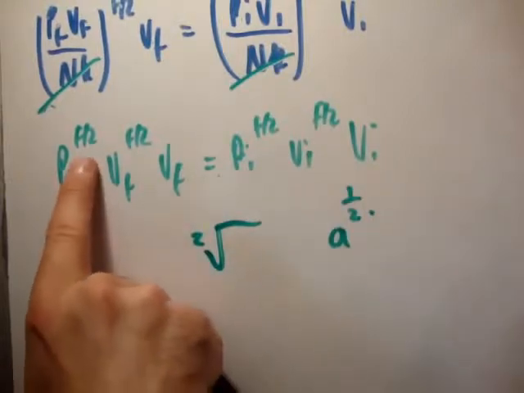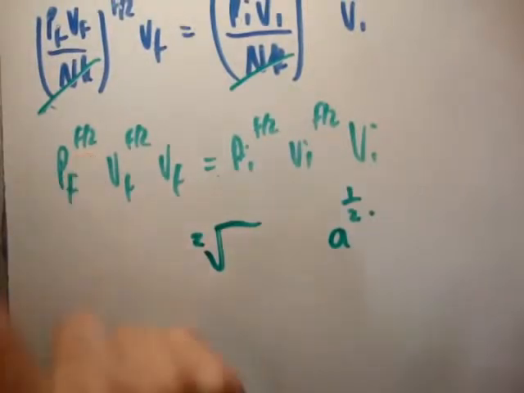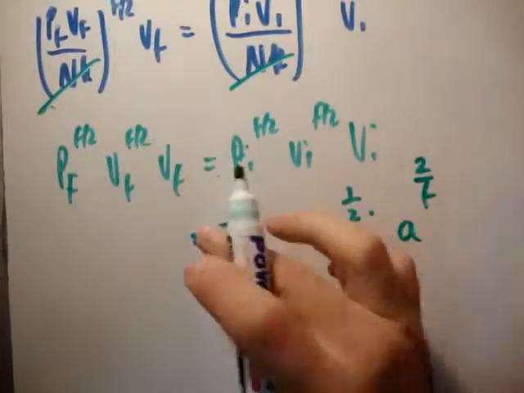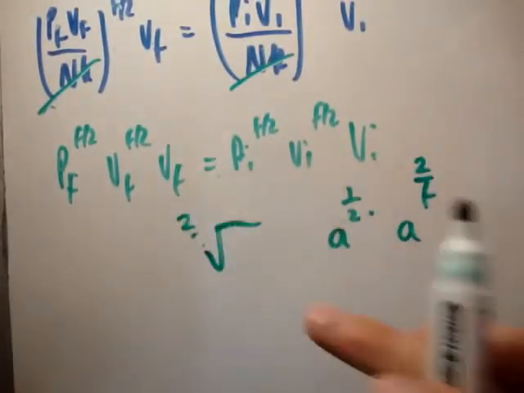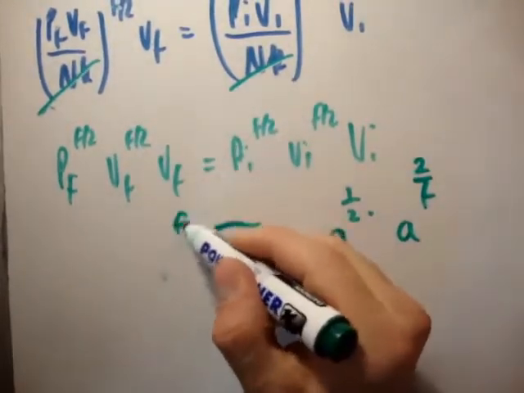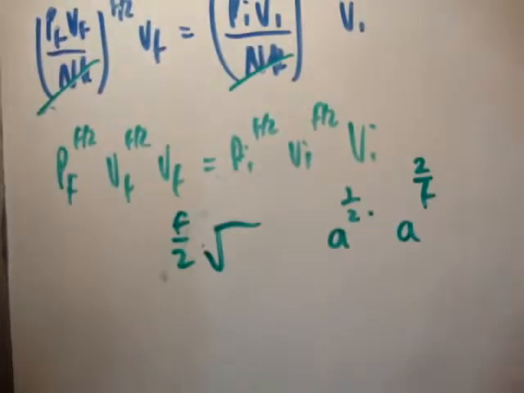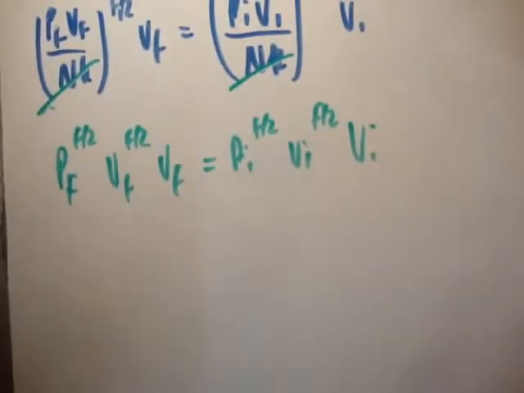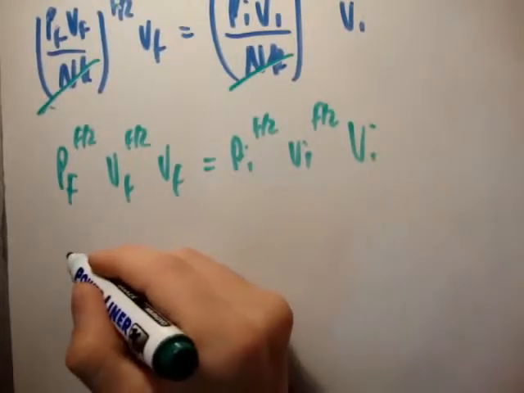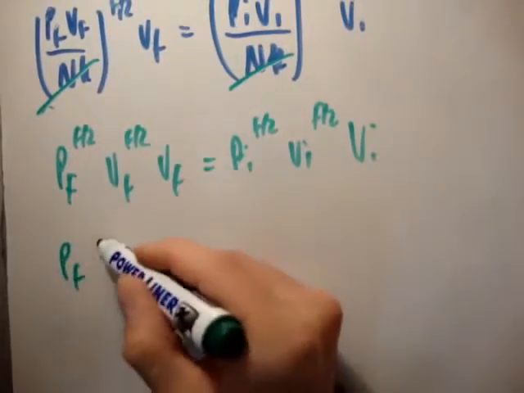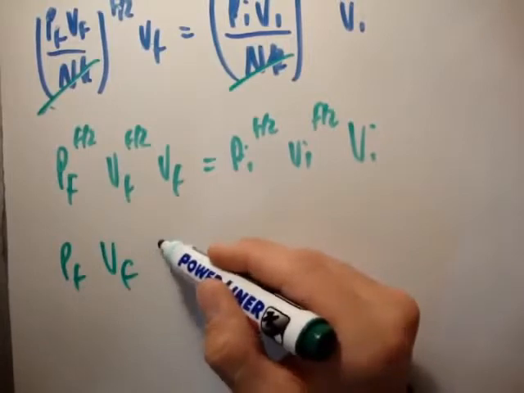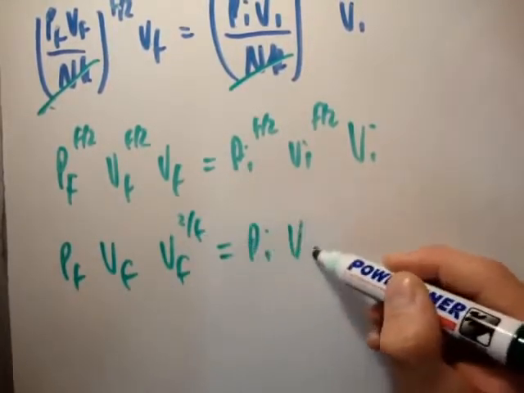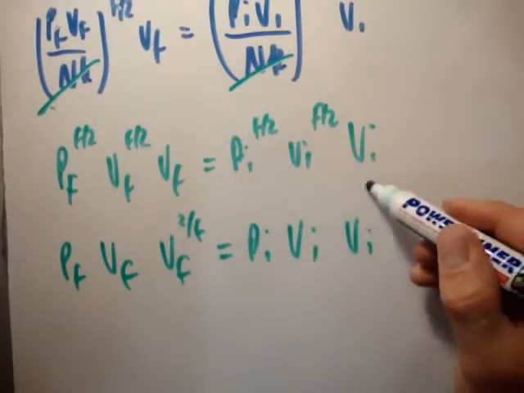So in order to go from F over 2 to 1, I need to multiply by 2 over F. So it's going to become P_F V_F to the 2 over F is equal to P_I V_I to the 2 over F.